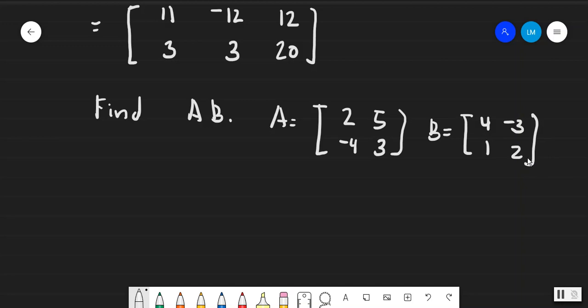Okay, so we want to find the product of these two matrices. So the way that we can do this is by taking 2, 5, -4, 3, and multiplying this by the other matrix, which is 4, -3, 1, and 2.